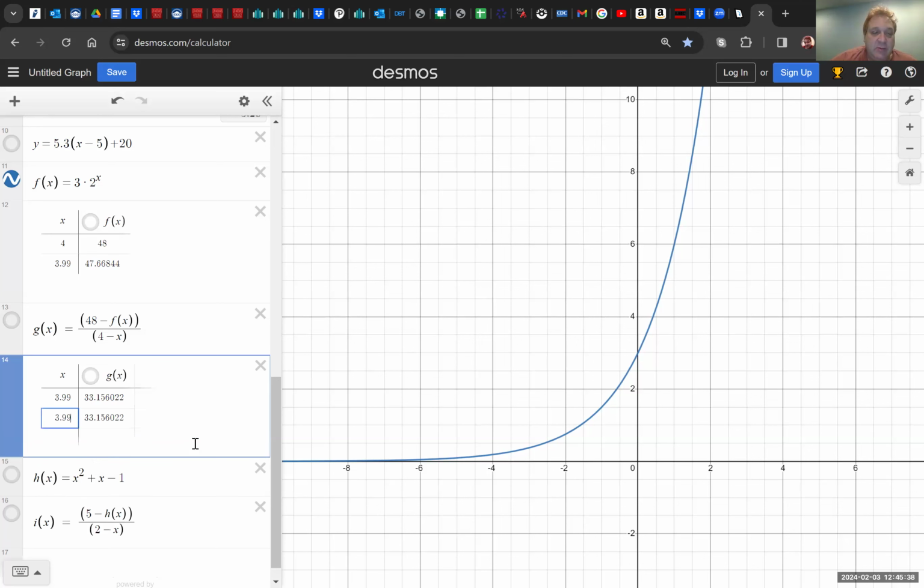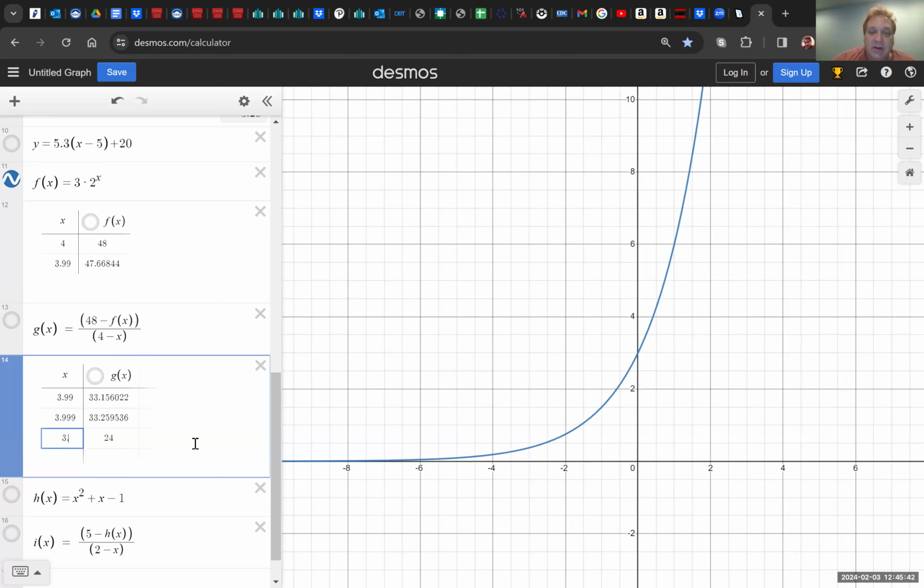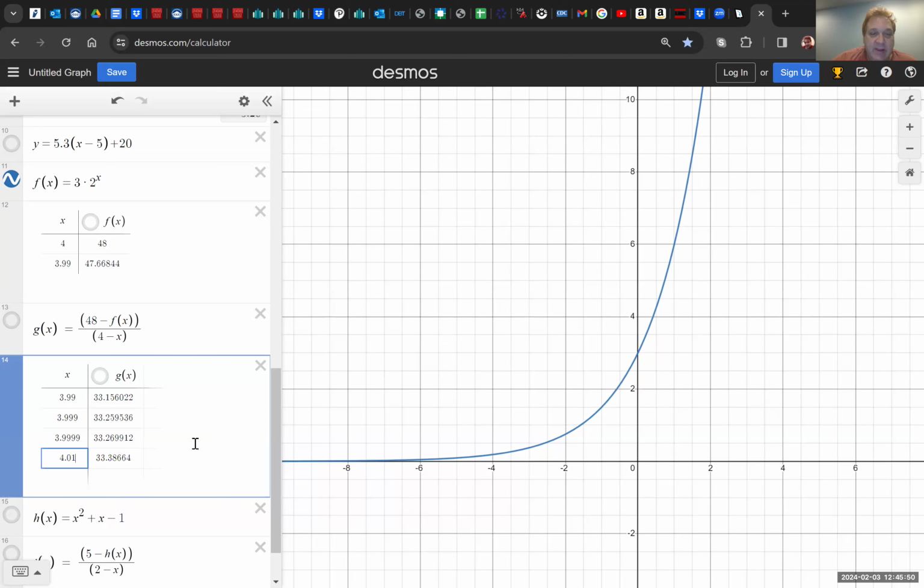And of course, I can do a sequence of values very quickly, getting closer and closer to 4. And I can look on the other side as well. I can have numbers that are bigger than 4, and it will calculate the slope there. There we go. All right.